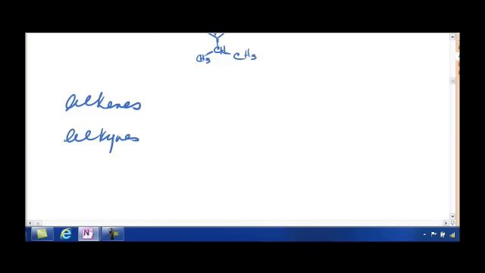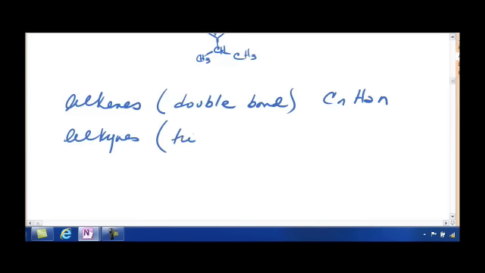What was alkenes again? What did they have? I have a hydrocarbon chain with double bonds, at least 1 double bond. And now I'm thinking not ethane, but what? Ethene. Not propane, but propene. Not butane, but butene. And these, if I only have 1 double bond, that's the general formula. And if I have triple bonds, what do I have?